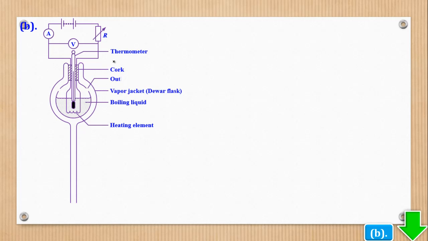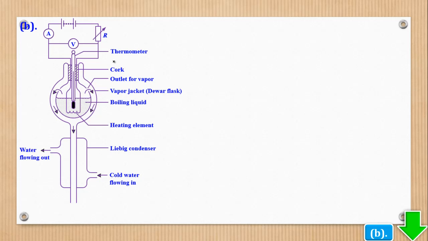So the vapor, that is the outlet, will pass there and move downwards. But here it has to be cooled, so we need a Liebig condenser, which has water in from the bottom and coming out from the upper part. Then you shall need a container to collect the condensed water, or condensed vapor.